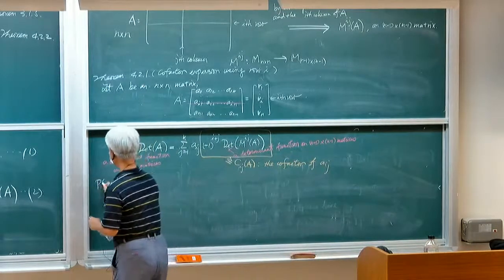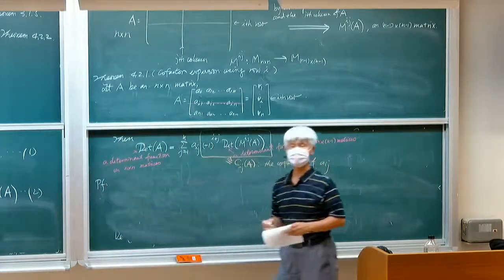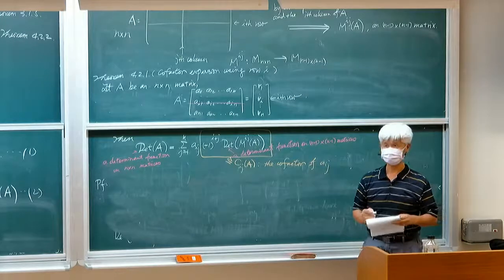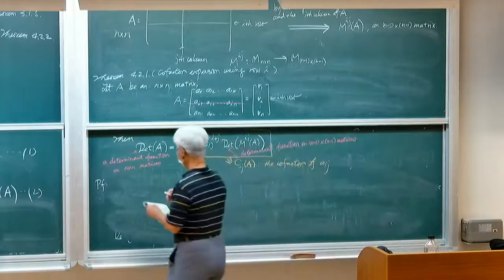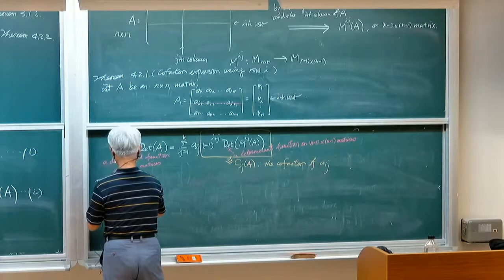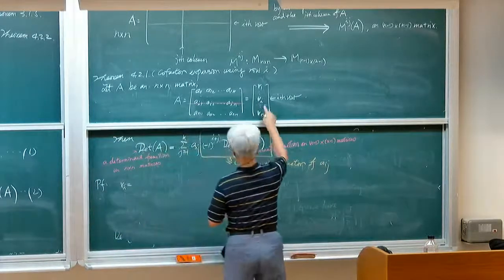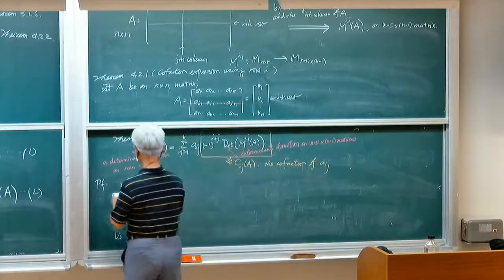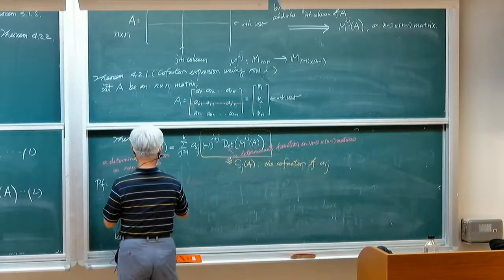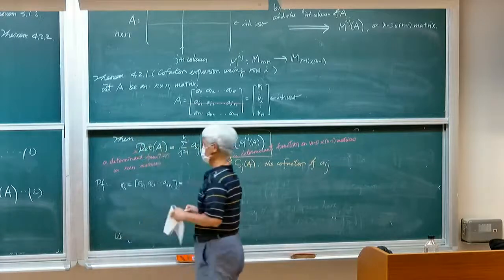Okay, so now I'll give a proof for the cofactor expansion using row i. Now, the row i here, we know the row i is Ai1, Ai2 up to Ain, right?